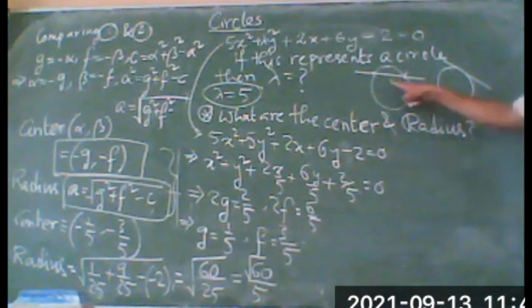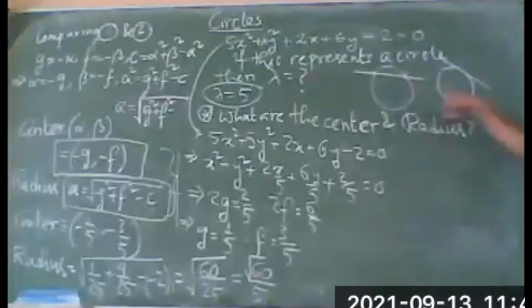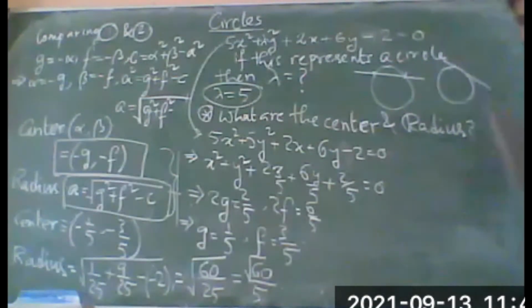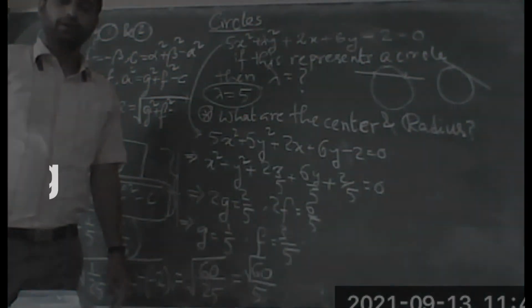This is a chord which is intersecting the circle, and this is a tangent which is touching the circle. So there is a difference between these two. We need to study the chords and the tangents of a circle. These two topics are left. This we will do in the next class.